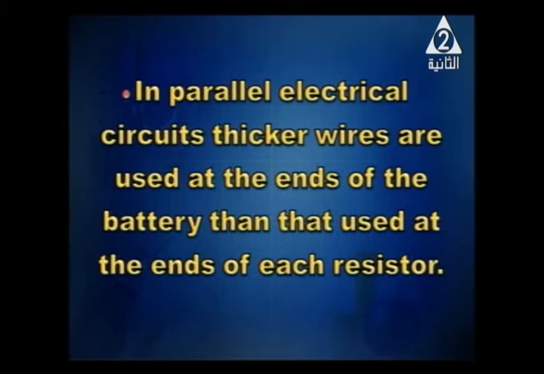Another give reason: in parallel electrical circuits, thicker wires are used at the ends of the battery than those used at the ends of each resistor. So we've got a circuit that contains a battery and a group of resistors connected in parallel. There are thicker wires at the ends of the battery than at the ends of each resistor.